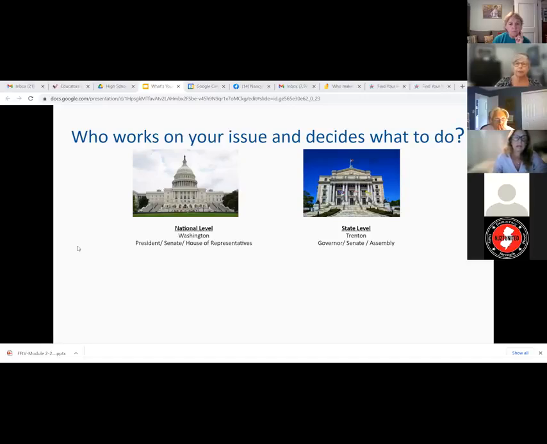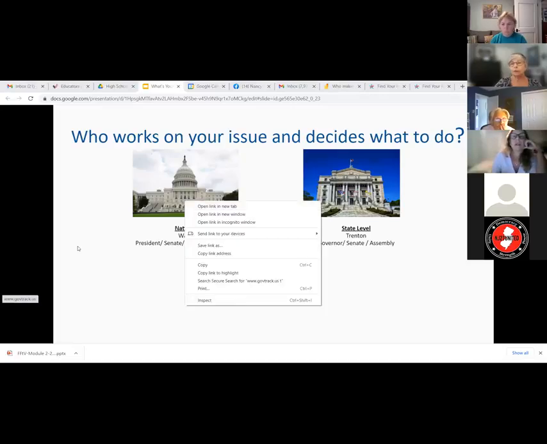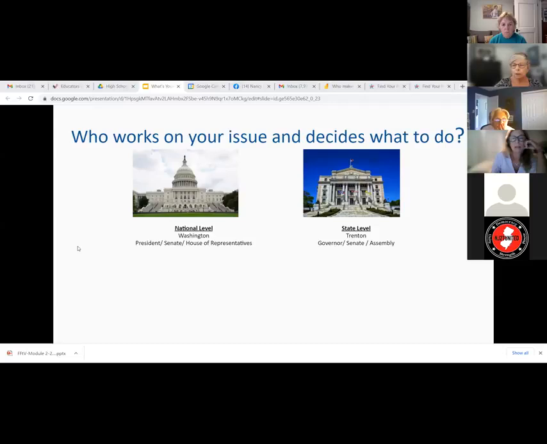Now, the other thing that I'm going to share with you is how to find out what the positions are that your representatives have taken. And that is found at GovTrack. You can do that at GovTrack, which is the Instagram link, or you can click that link and it should take you to GovTrack.